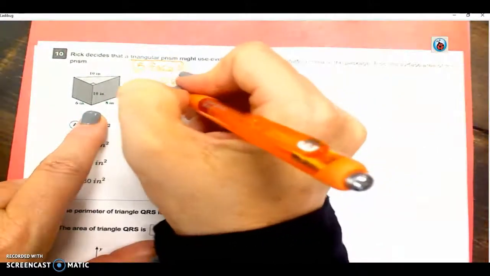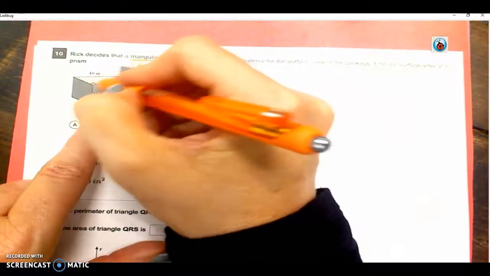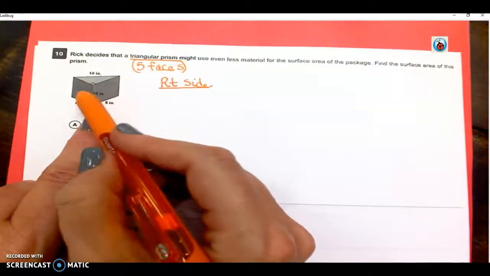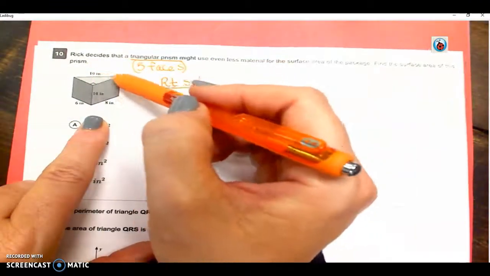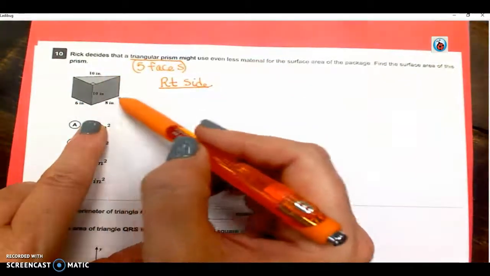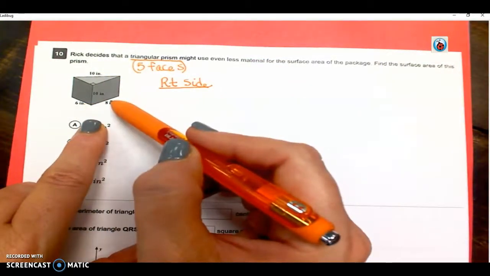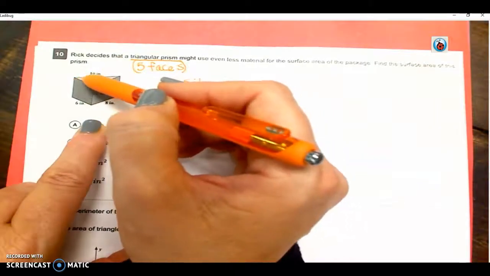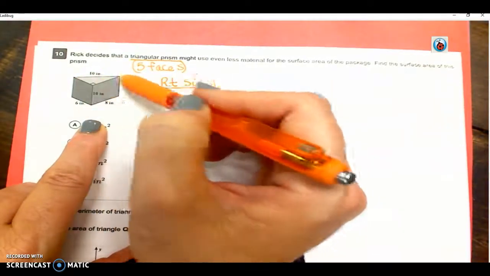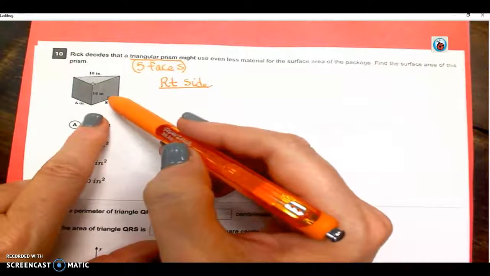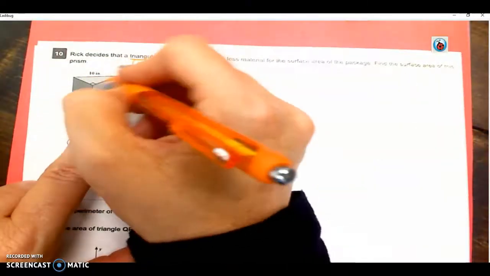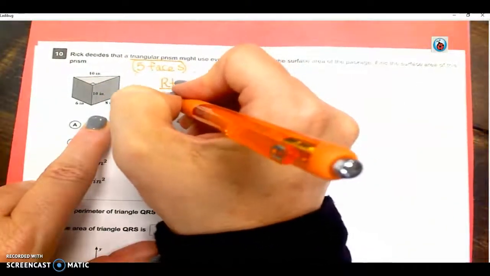So I am going to call this side here my right side and this side the left side, this triangle being the top and the bottom, and then we have the back rectangle.